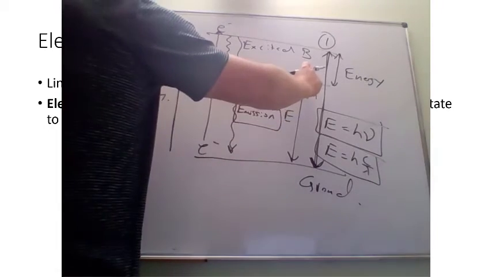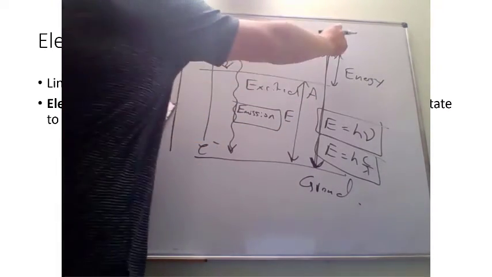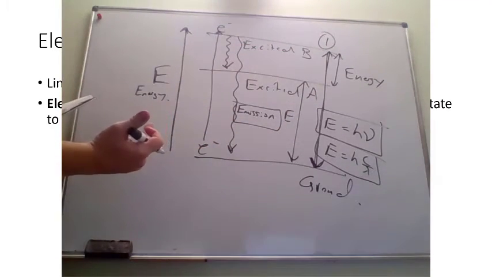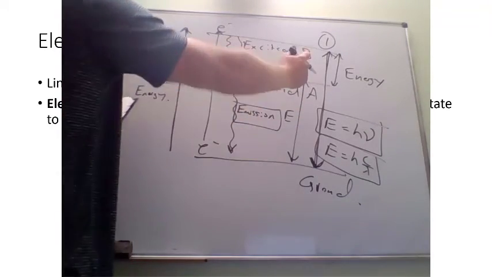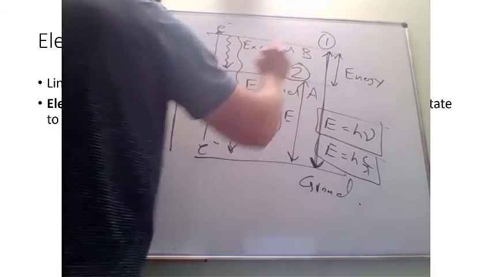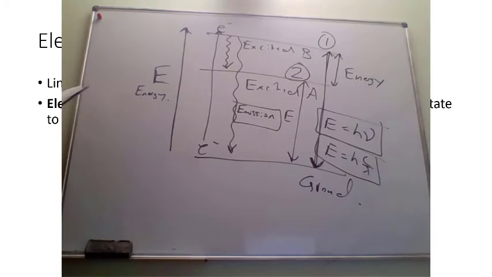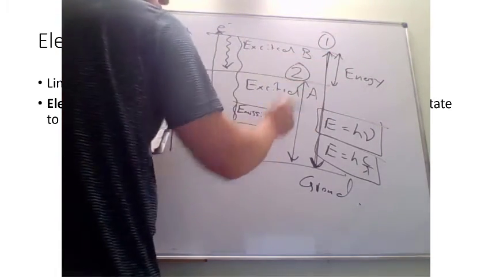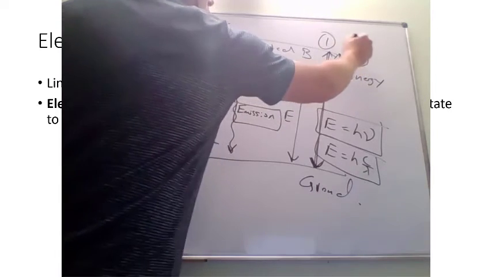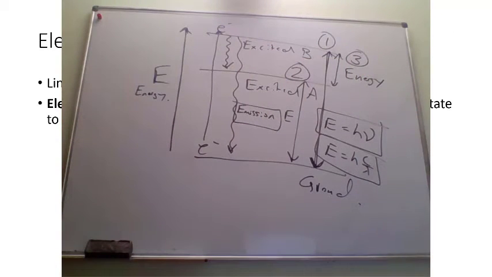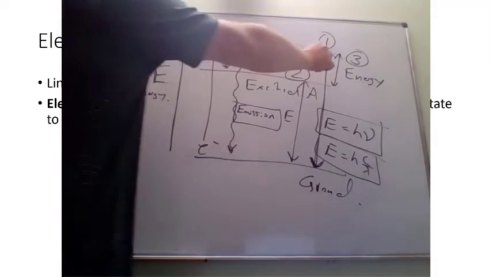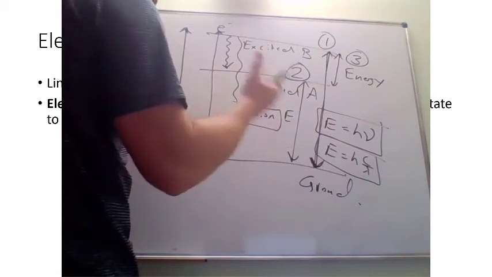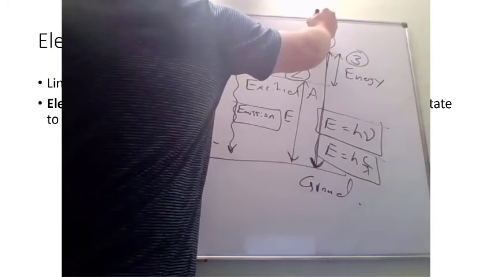Now if we compare transition from A down to ground, or B to A, which one of these is larger? You can see this transition here is larger, so that's going to be our second highest energy transfer. Now we take a look from B down to A, that's the smallest energy difference between the two, so that would be the third highest energy transfer. So if we're thinking about our visible lights that are going to be released, this transfer from B down to ground, that's going to be highest energy, so that's going to be more like violet.